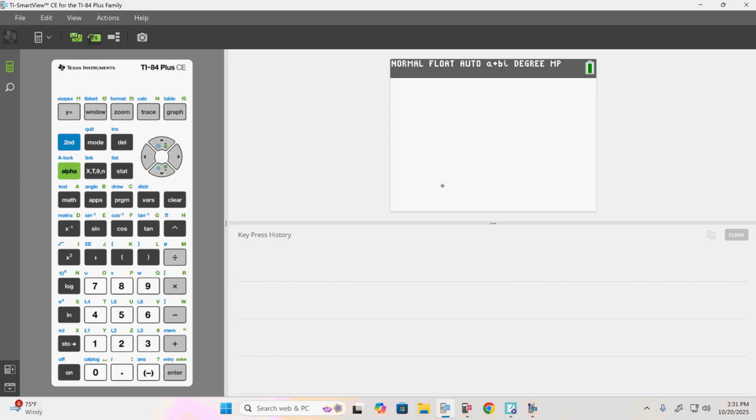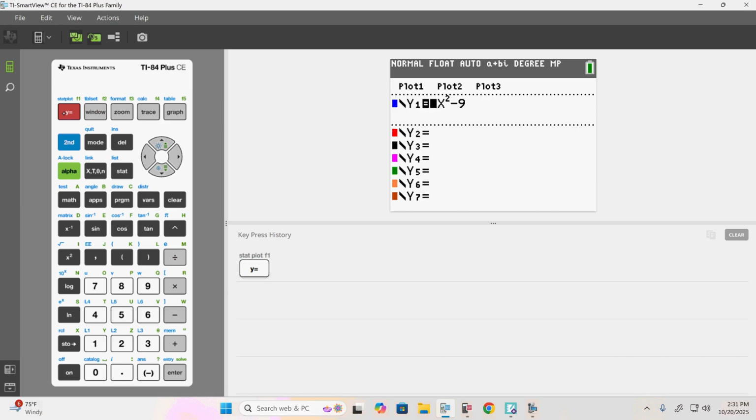After you get it turned on, we're going to hit y equals. So we're going to find the y equals button and hit it. Now if there's anything typed in any of the spaces, go on and hit clear, clear it out. So here I have 3x squared minus 9 in the first spot, so I'm going to hit clear, clear it out.